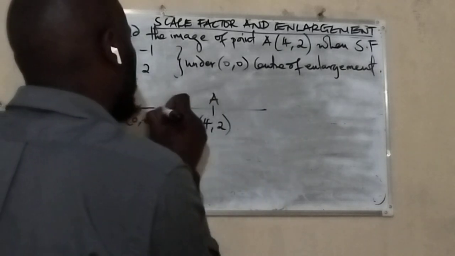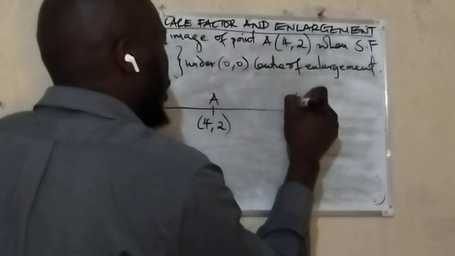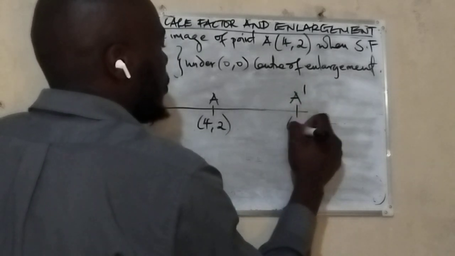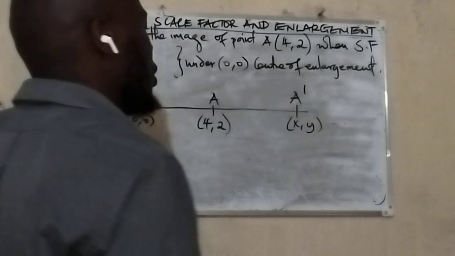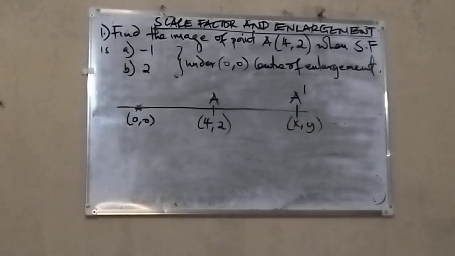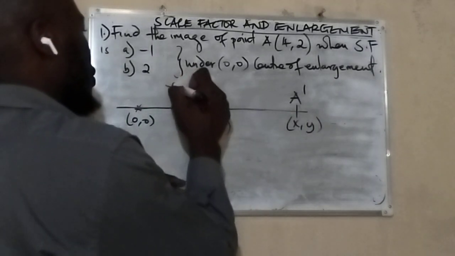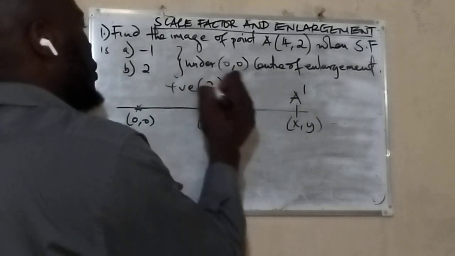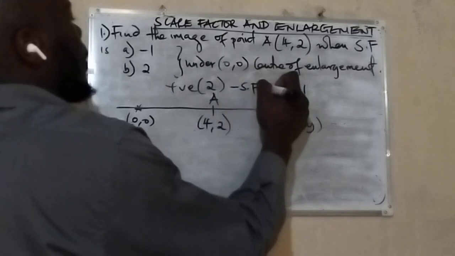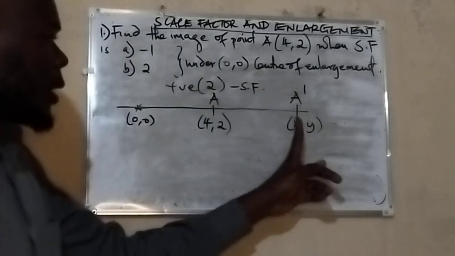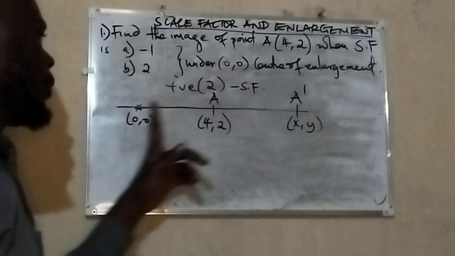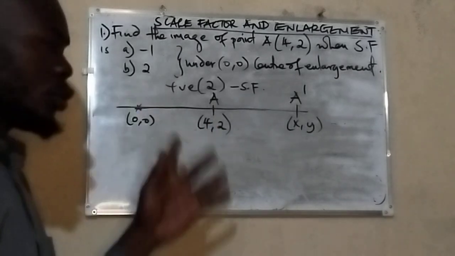Then you have A prime, which is unknown, x, y, towards the other side. And here we are dealing with positive 2, the scale factor. So when you take this distance from here to here, then divide by this distance, it will give you 2.